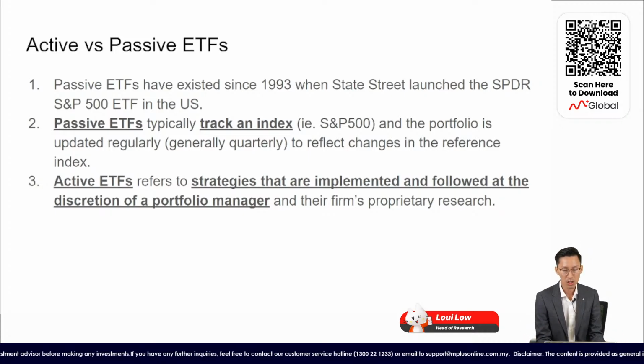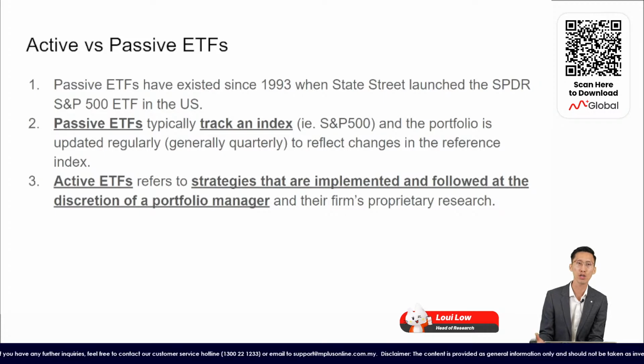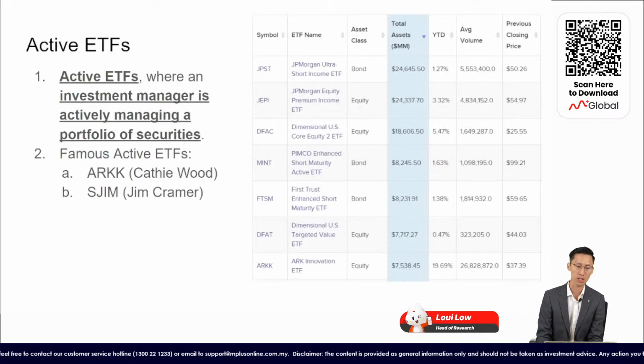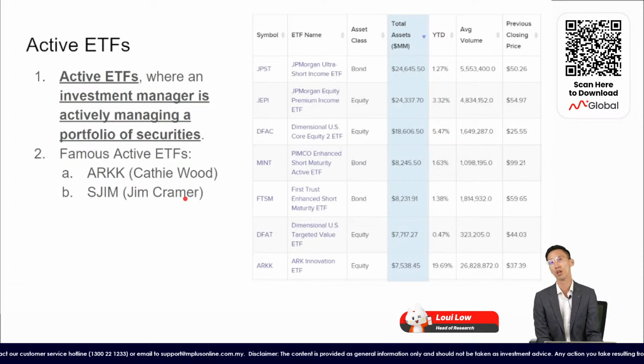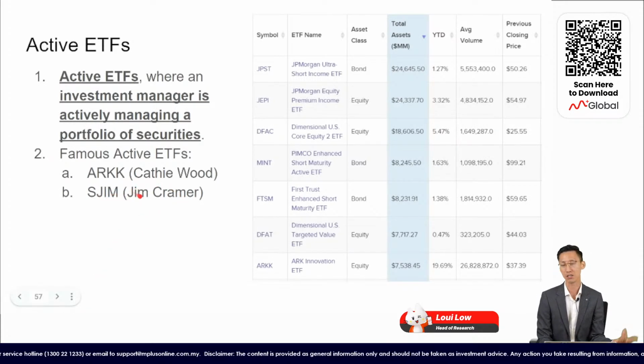Okay. So active ETFs refer to those that implement their own strategies, with their own discretion of the portfolio manager. Katie Wood is one of the famous active ETFs, and also SGIM. This is very interesting because when Jim Cramer mentions some stocks, normally the stocks will tank. So there is market talk that when he mentions some stocks, we had better not get involved in those stocks.